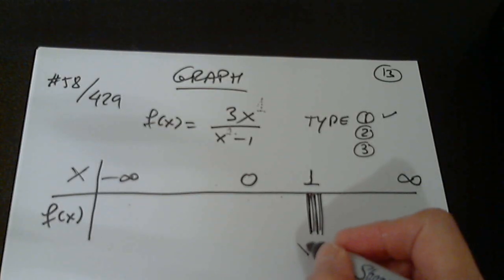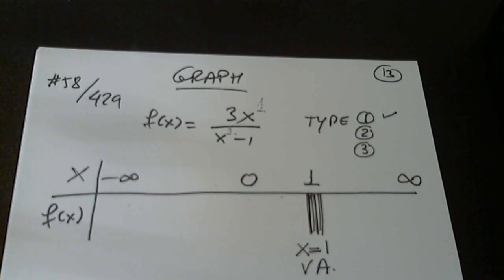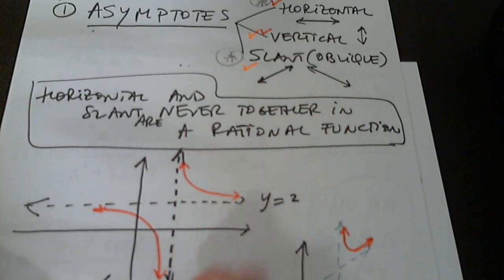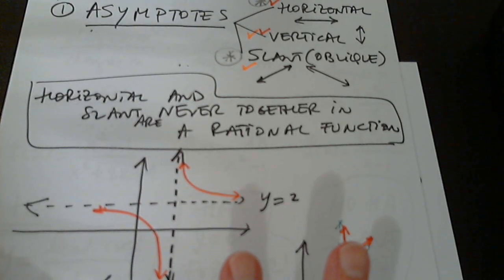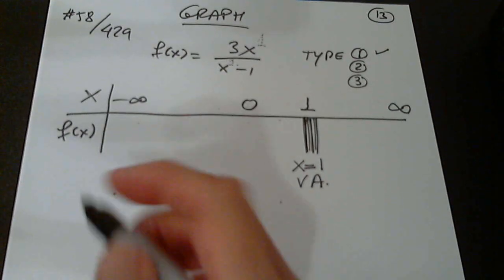In this case, I'm going to write immediately that x equals 1 is the vertical asymptote. So when we started talking about the rational functions, we said that a rational function has a vertical asymptote when it is undefined. To be exact, I'm going to write a note. Note.